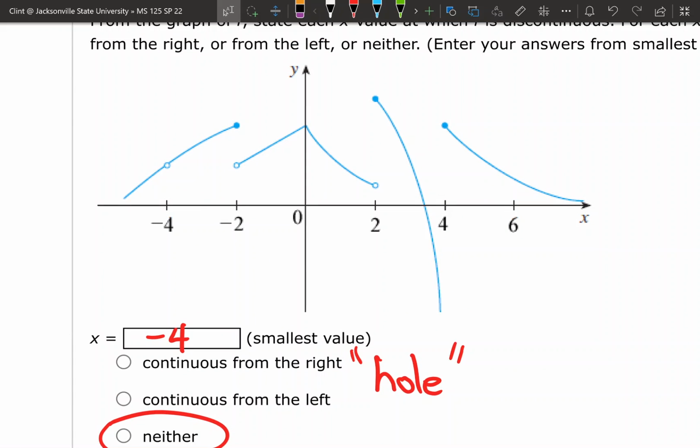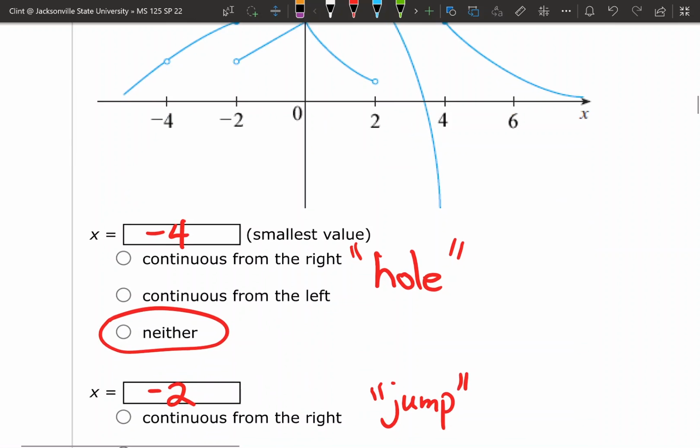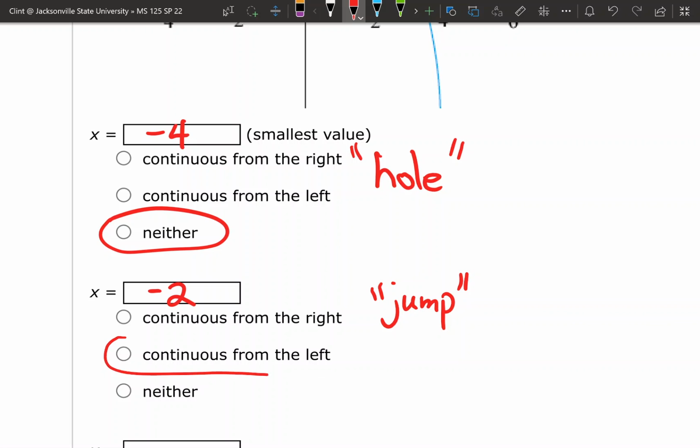As far as the one-sided continuity, again, I'm not super interested. This one would be continuous from the left because it's defined coming in that way, and the one-sided limit would be the same as the functional value. It would not be continuous coming from the right because it would be undefined coming from that direction. And so this one's continuous from the left.